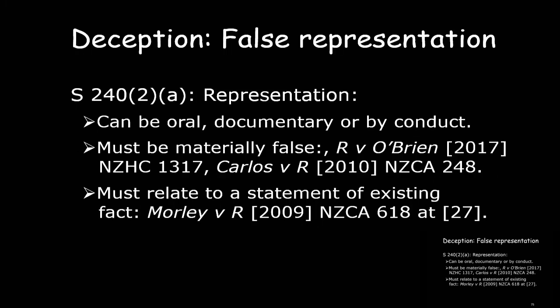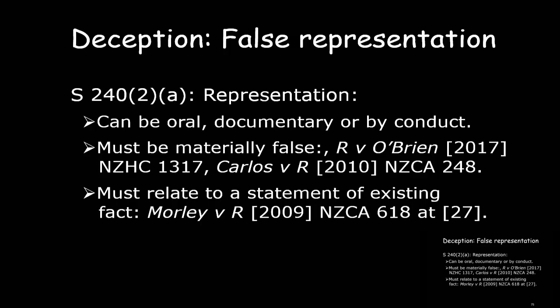So examples they gave, and they are quite old, well, old from your point of view, not old by mine: where you present a credit card, you are presenting to the retailer that the credit card will be honoured on their presentation of the voucher to the bank; that when you call up a taxi, you are representing that you will in fact pay and are able to pay the taxi fare.